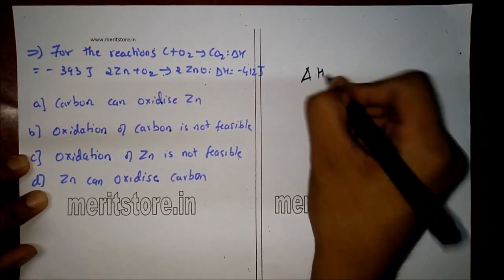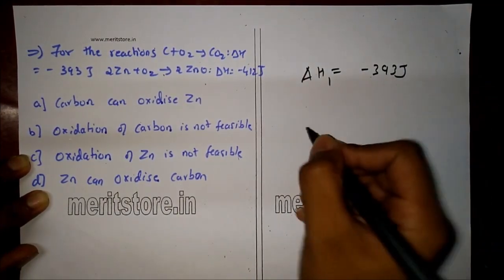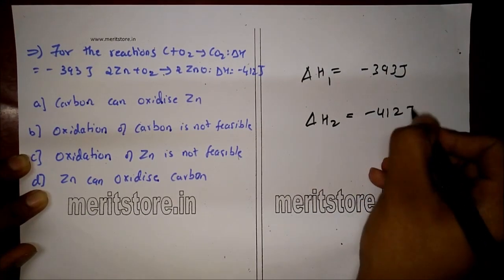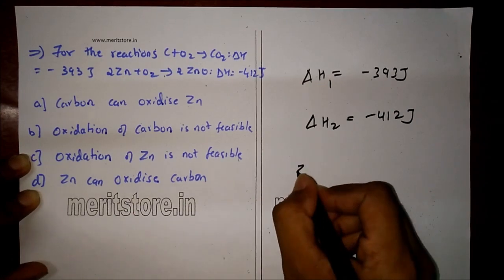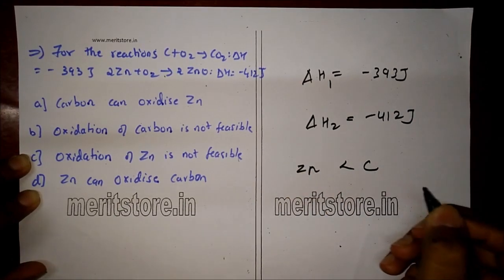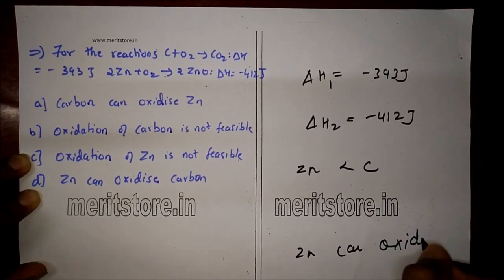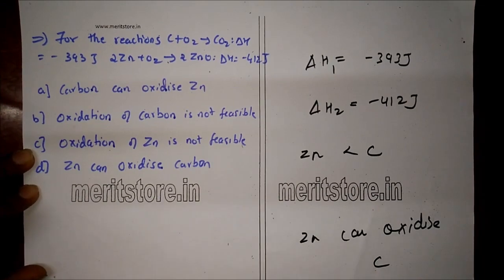The heat of combustion for the first reaction, H1, is minus 393 joules, and for the second reaction, the heat of combustion is minus 412 joules. Therefore, since the heat of combustion of Zn is less than C, Zn can oxidize carbon. Therefore, here the correct answer will be option D.